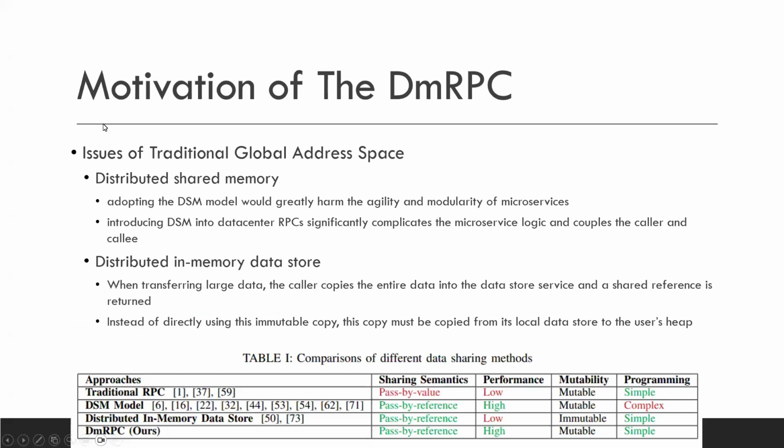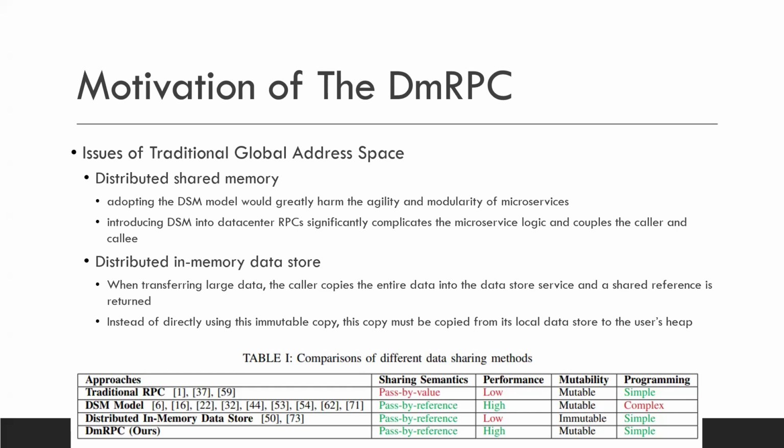So, the motivation of DmRPC. What are the issues of the traditional global address space? Distributed shared memory raises some concerns. Adopting the DSM model would greatly harm the agility and modularity of microservices.